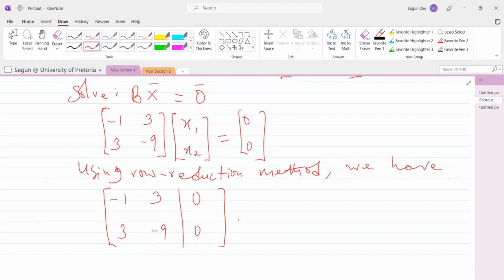Now, for the Gaussian elimination method, we know how to reduce this. The first thing we need to do is what? Let's check it. Can we quickly do that on our own? Everybody do it. Check the previous notes.